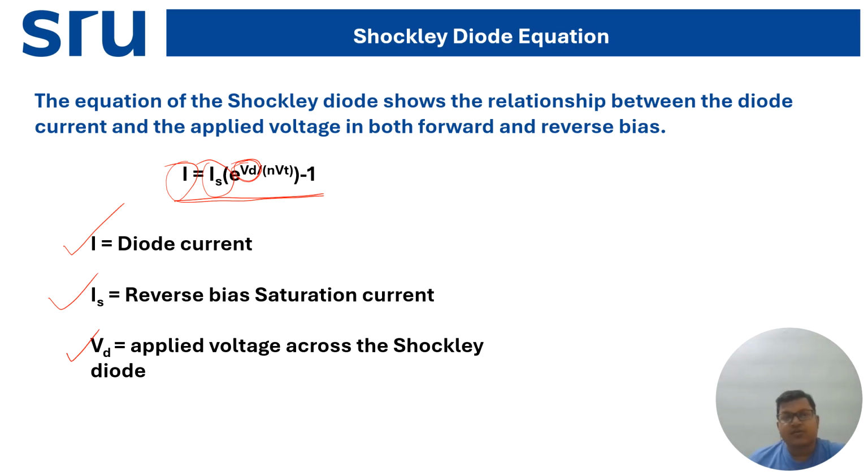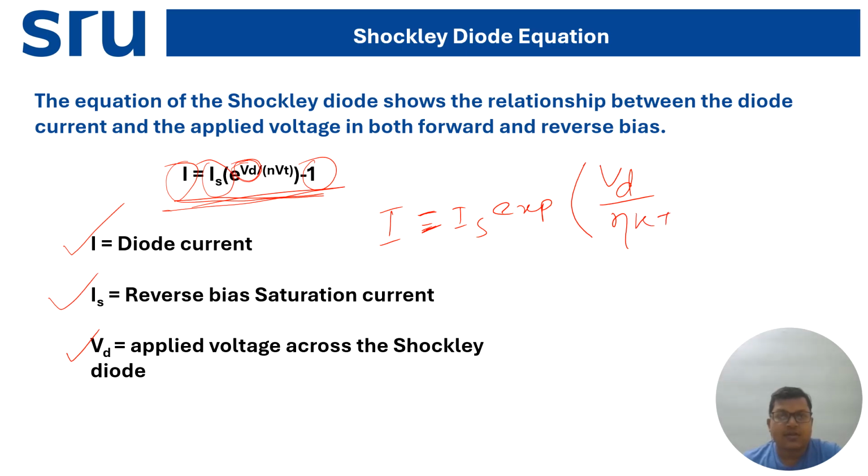This diode equation is very well known, but in most cases the minus one term is negligible. So finally we can write the equation as I equals IS times the exponential of VD divided by eta kT.